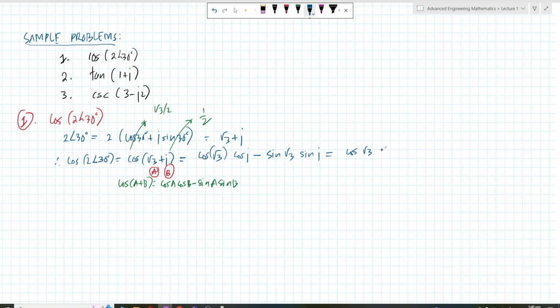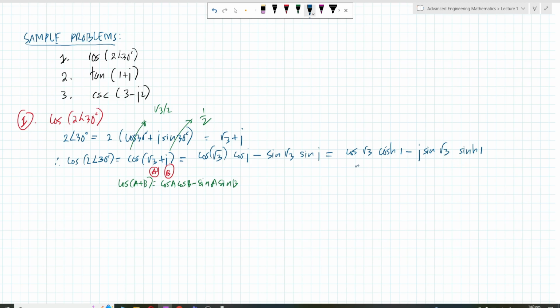Cosine hyperbolic of what? Ang kadikit niyan guys ng j natin 1 yan, kaya same as cosine hyperbolic of 1. Minus the sine of square root of 3, and sine of j, so that is j sine hyperbolic. So dito guys yung j, and then sine hyperbolic of 1.